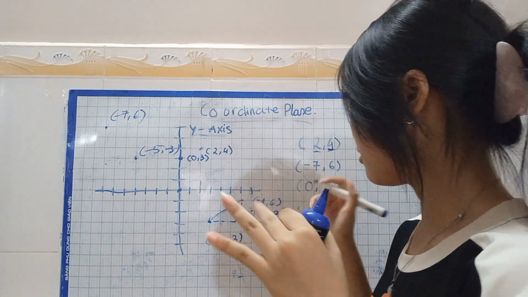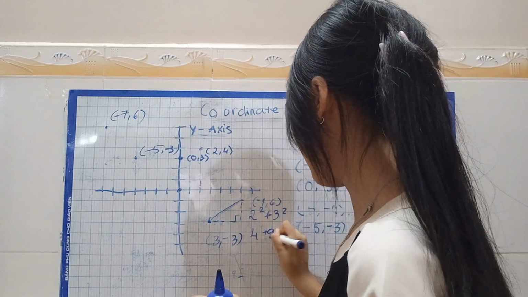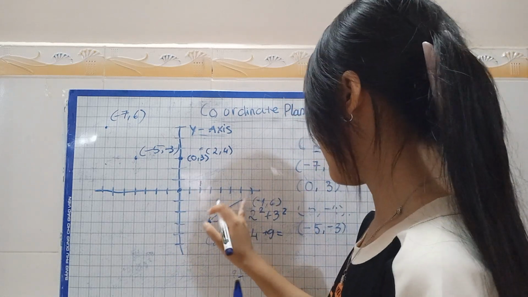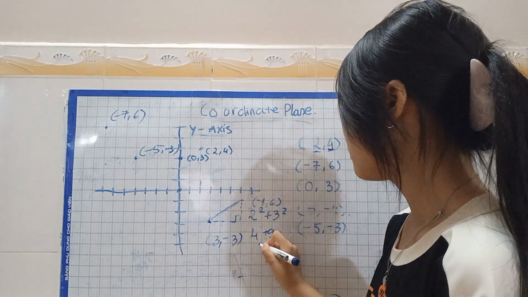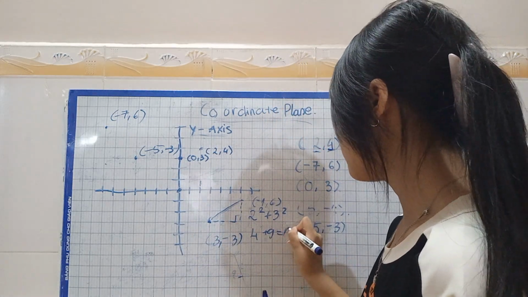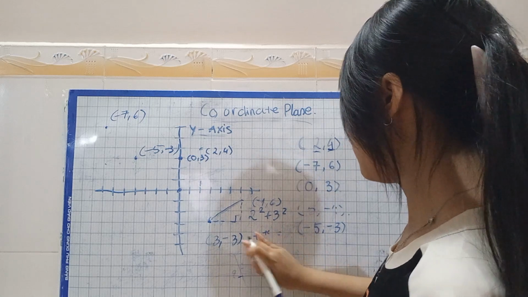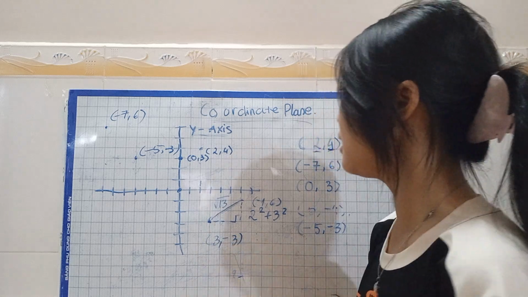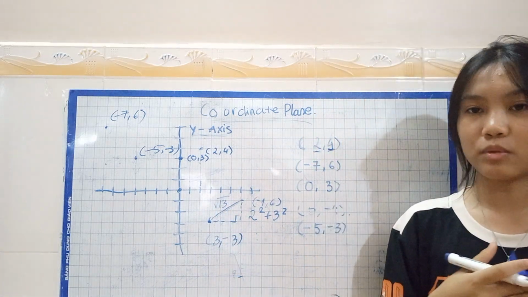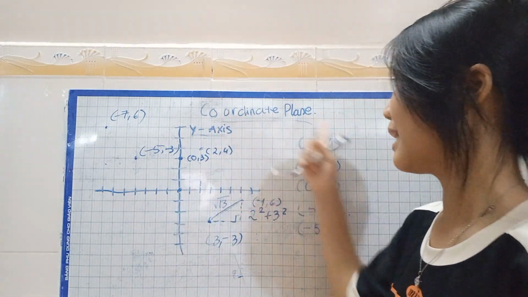Let's do some simple calculations here. 4 plus 9 equals the square of this side here. So this equals 13. So the square root of 13, right? So this side over here is the square root of 13. So that is how we find the distance between two places on a coordinate plane.